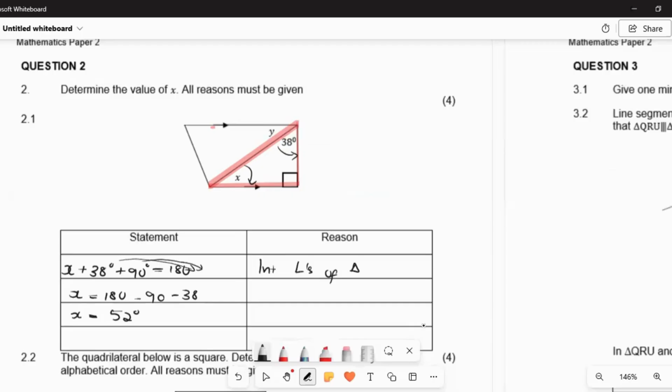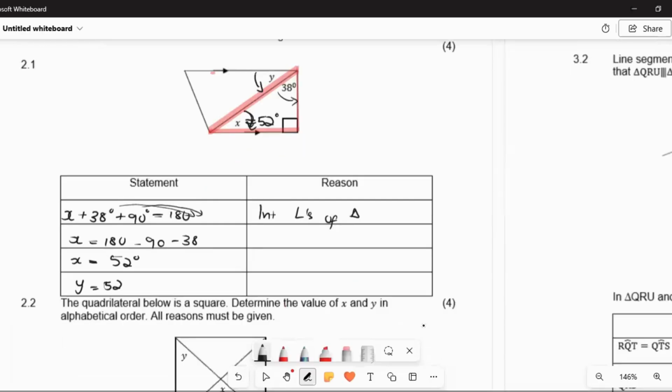So we know now that if our x here is 52 degrees, what does this look like to you? What's the relationship between x and y? Correct. y equals 52 degrees as well. What's our reason for that? Because they are alternating angles.